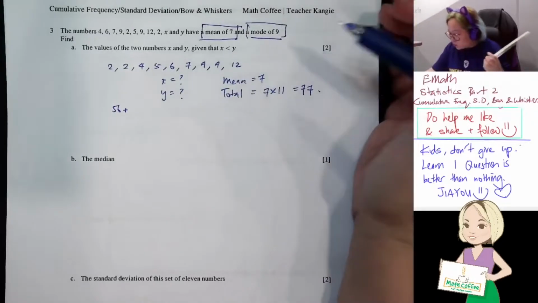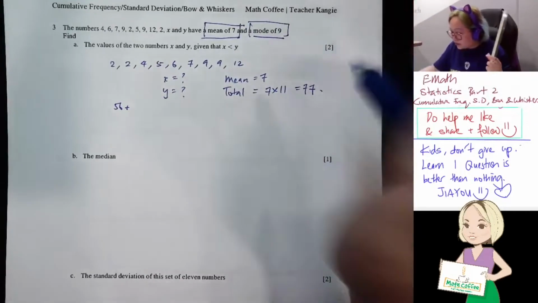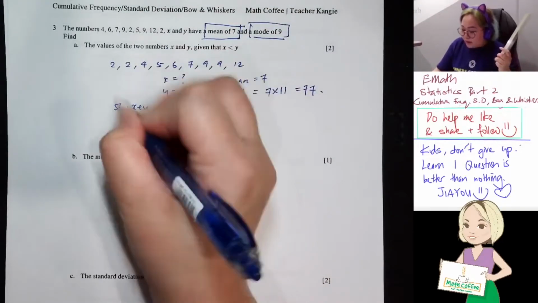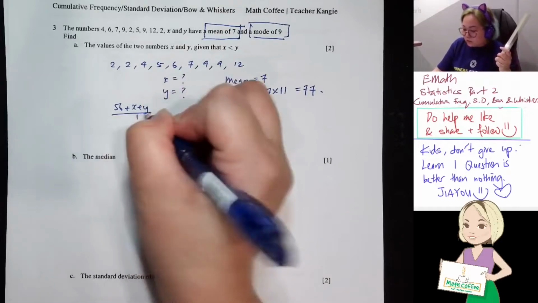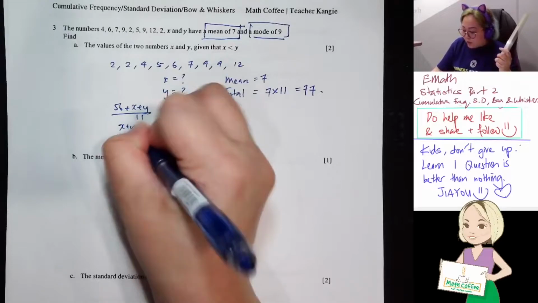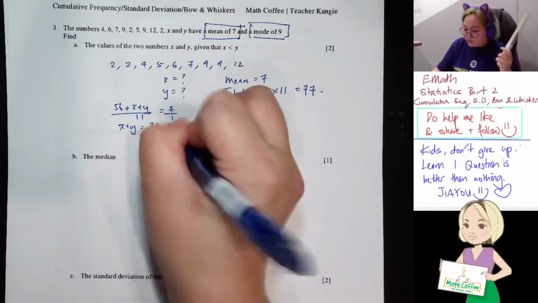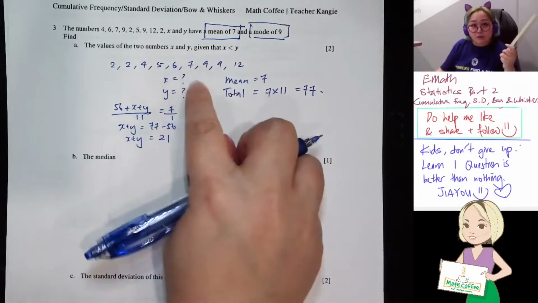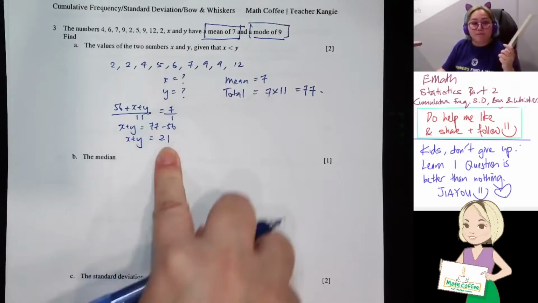Yes, mean is equals to average. Correct. Okay, so 56 plus x plus y, that's the total. So it will means that x plus y is equals to 77 minus 56. My x plus y is equals to 21. So the sum of these two missing number is 21.